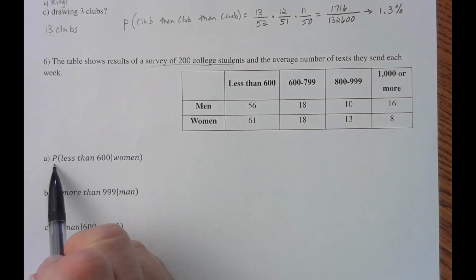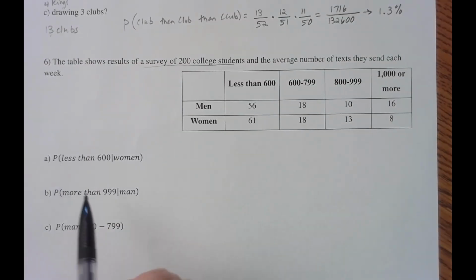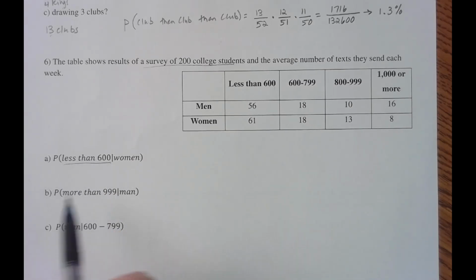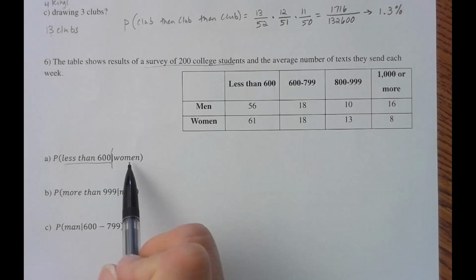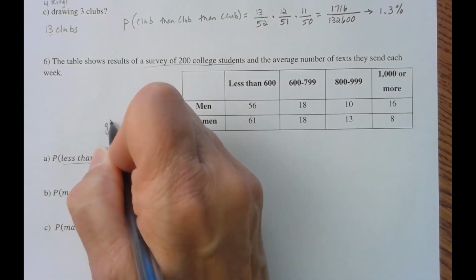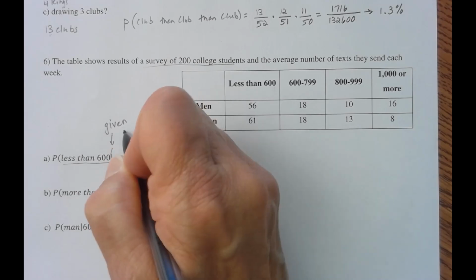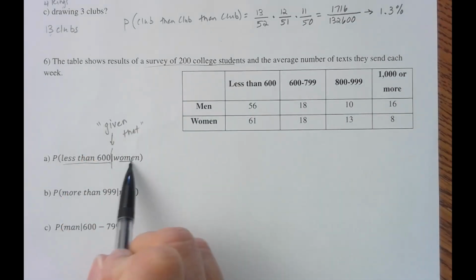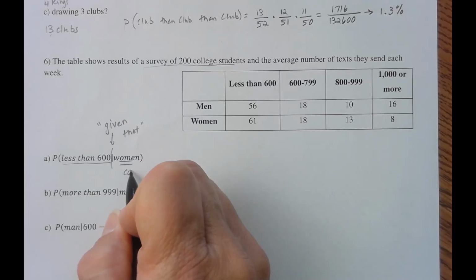We're going to find the probability of texting less than 600 given that it's just women. So remember, this line represents the words "given that," and this is the condition.